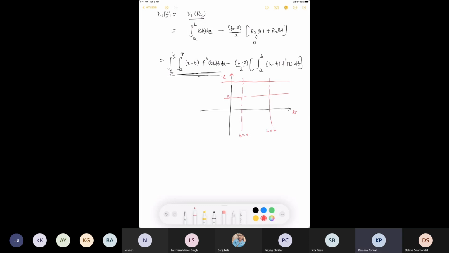And here you will have the lines x equal to a and x equal to b. So we have to see what is this region of the integration in this integral. t is varying from a to x. Right, so I also have to have a line which is t equal to x, which is going to be something like this.